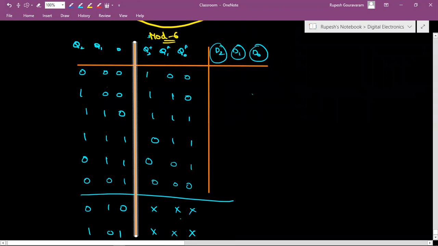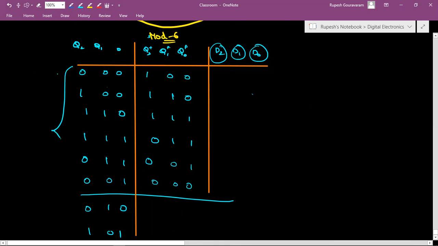Whenever an unused state occurs, we have to take care of it by redirecting it to any of the user states. All these are user states. So whatever the unused state that occurred here, you can redirect to any of the user states.